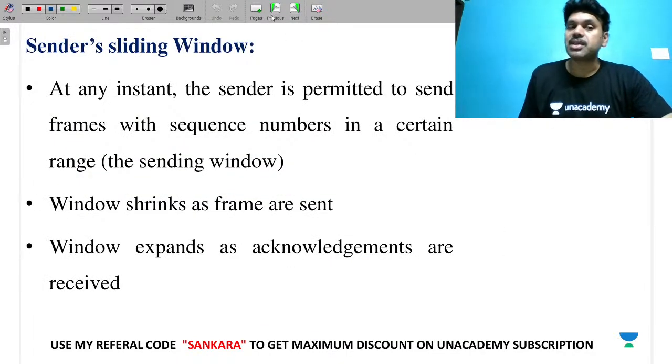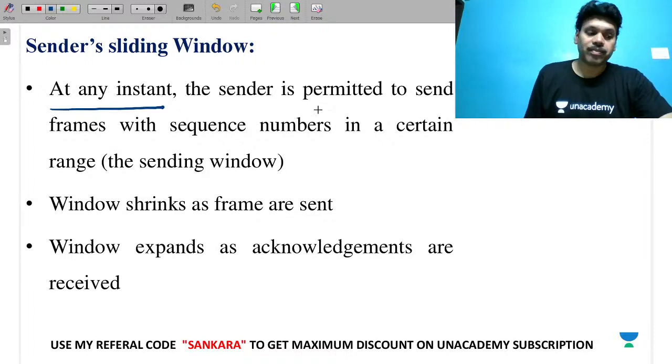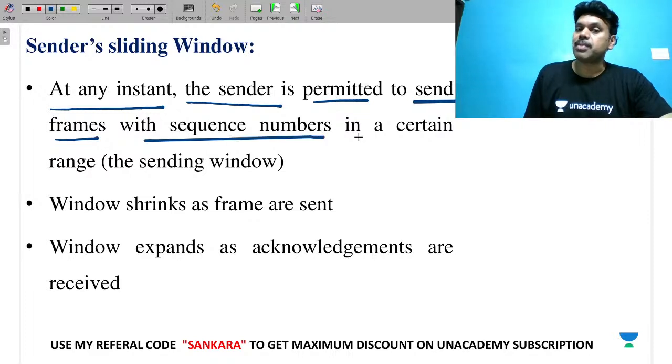So what is the sender sliding window? It can shrink, it can expand. At any instance of time, the sender is permitted to send frames with sequence numbers in a certain range.